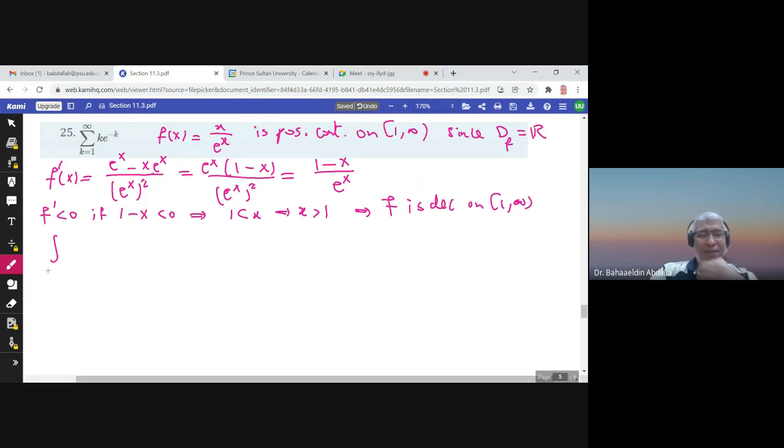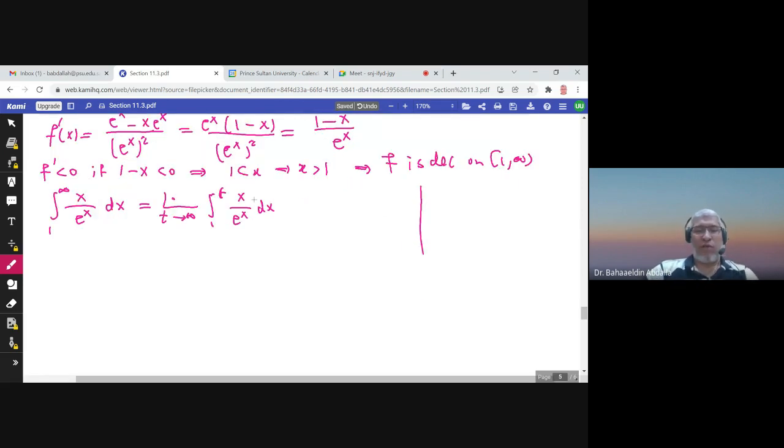So I consider the integral from 1 to infinity of the function f of x dx. And by definition, it is the limit as t approaches infinity of the integral from 1 to t of x over e^x dx. And now it's time to think, how can we evaluate this integral?